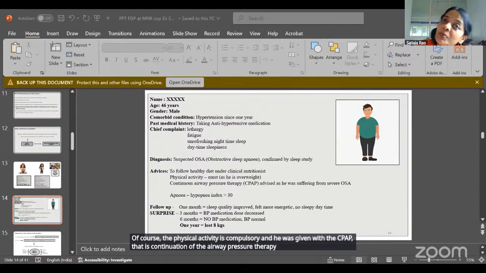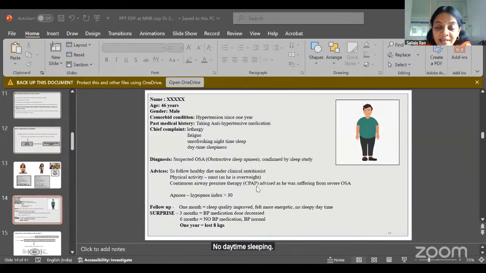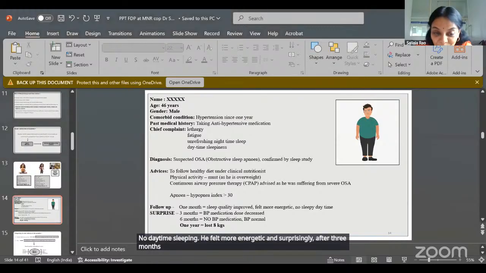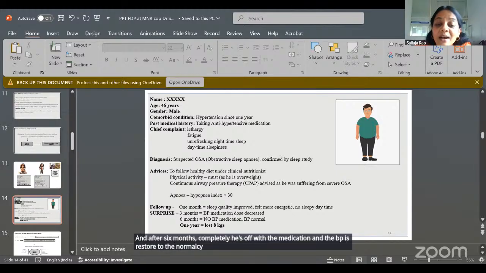The follow-up after 1 month showed improved sleep quality, no daytime sleeping, and he felt more energetic. Surprisingly, after 3 months his BP medication dose was decreased, and after 6 months he was completely off the medication and the BP was restored to normal. In 1 year he lost almost 8 kgs.